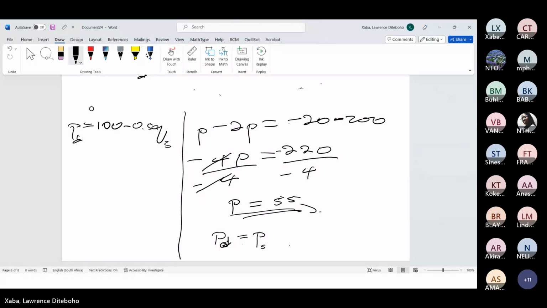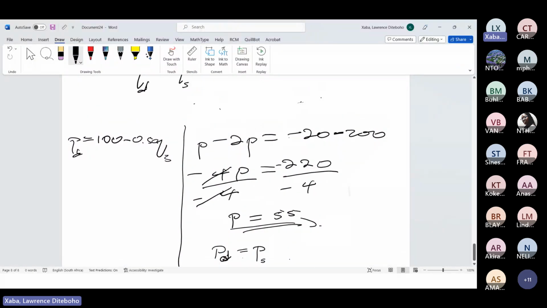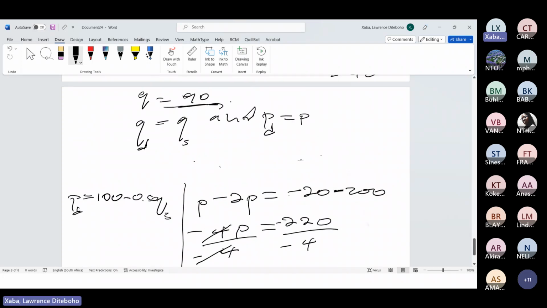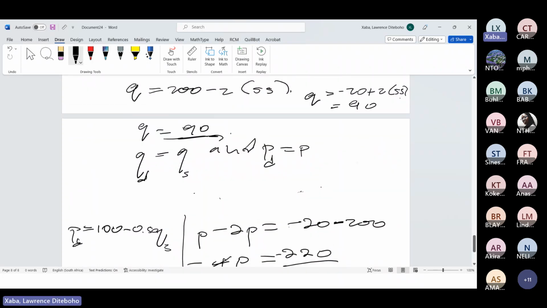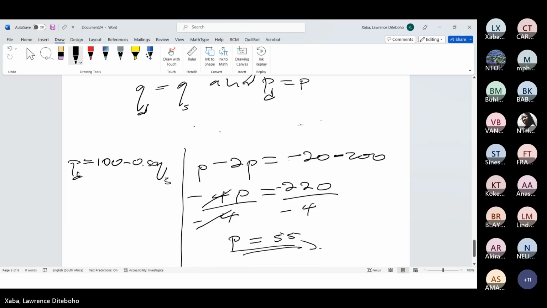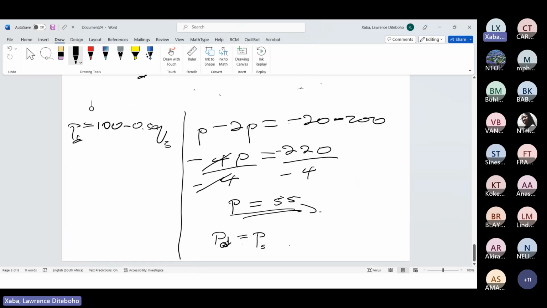True. Okay. So in that case, we know the price is 55, and if the price is 55, the quantity is 90. So that's where we are.